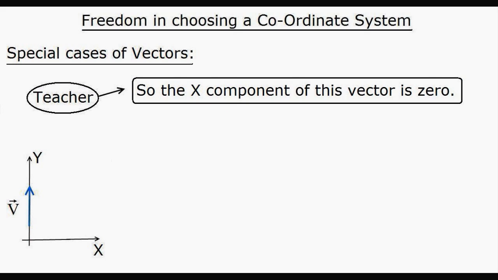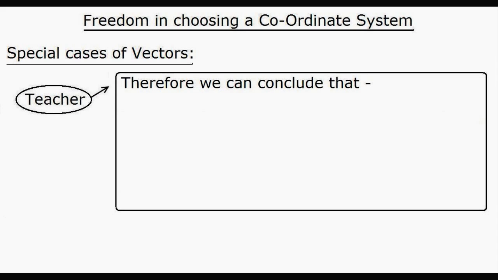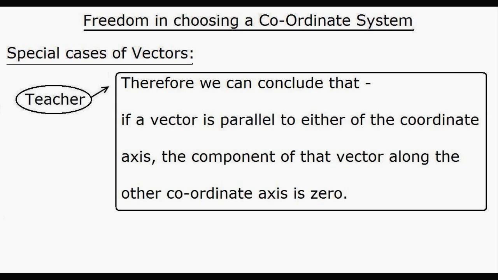So the x component of this vector is 0. Therefore we can conclude that, if a vector is parallel to either of the coordinate axes, the component of that vector along the other coordinate axis is 0.